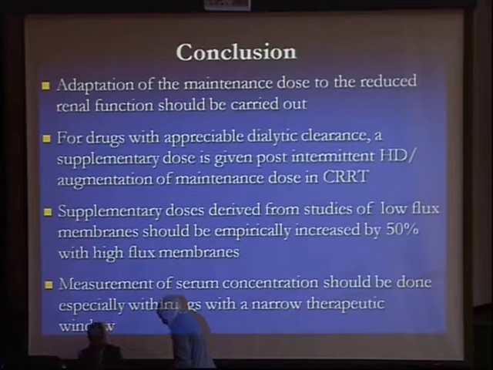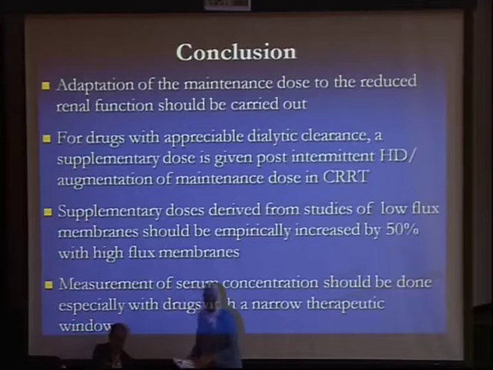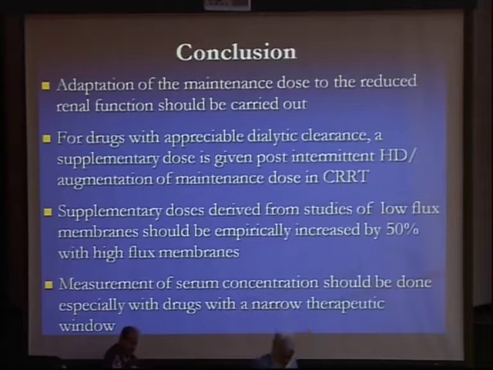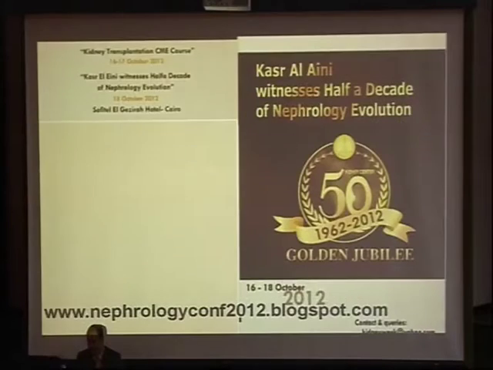Supplementary doses derived from studies of low flux membranes should be empirically increased by 50% with high flux membranes. Measurement of serum concentration should be done especially with drugs with a narrow therapeutic window. Thank you very much.